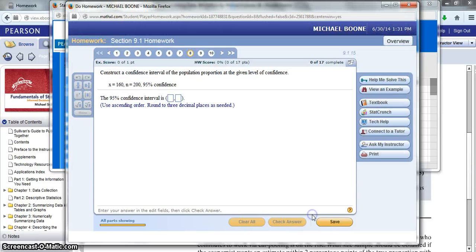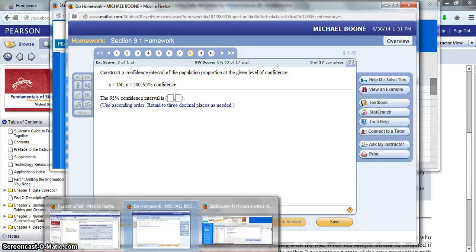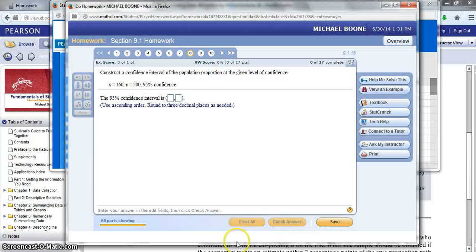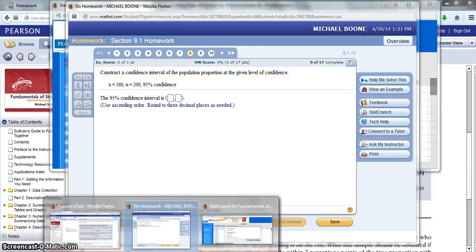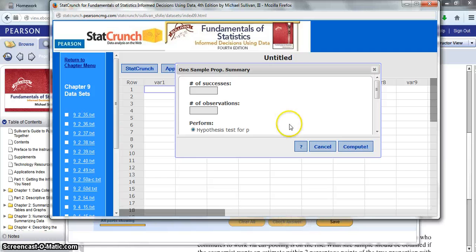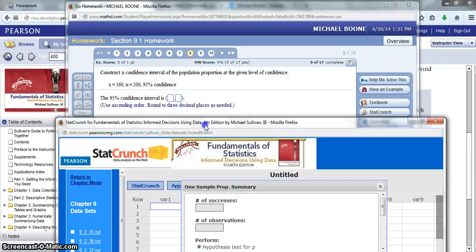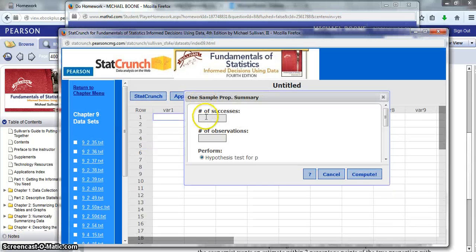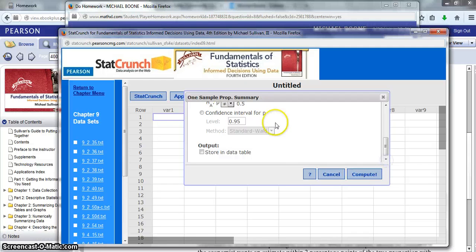So, looking at our StatCrunch, now I've forgotten the numbers. 160 and 200. So 160, number of observations is 200. And we are performing a confidence interval. And we want it to be 95%. And we're going to stay with this current method.